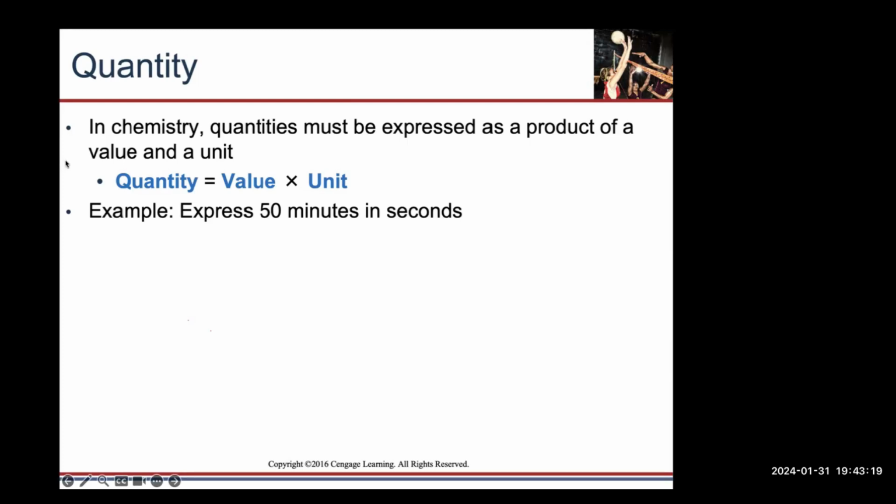what we're going to do is set it up to make that conversion. So we know that we have 50 minutes. That's our starting point. And I know that I want to get to seconds. So that's what I want to go to. So what is the conversion for minutes to seconds?